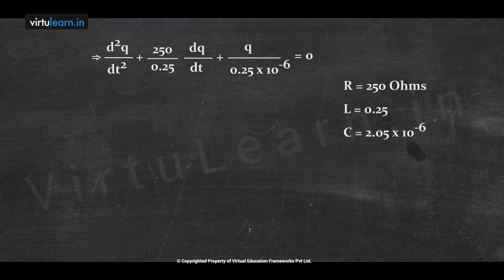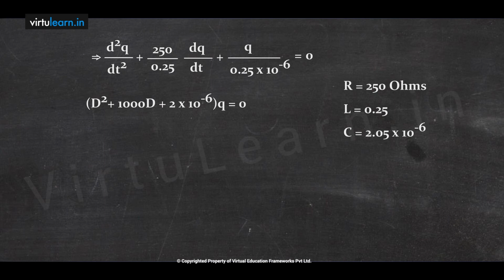In operator form, D square plus 1000 D plus 2 into 10 to the power of minus 6 times q equals 0, on simplification with a scientific calculator.